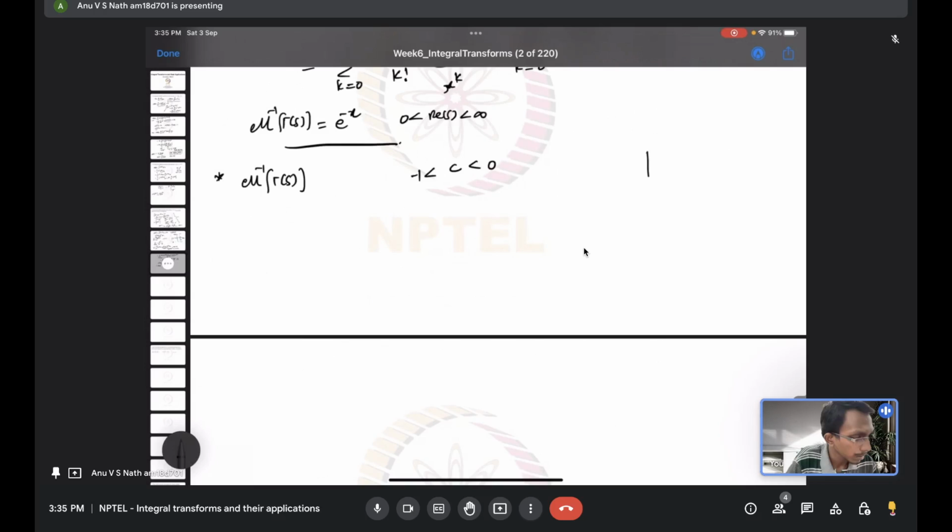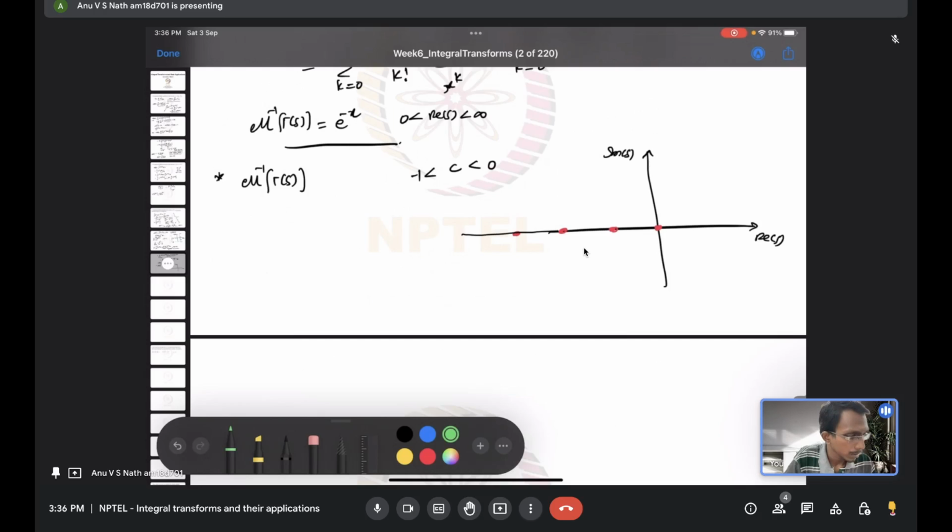So again here we have real of s, imaginary of s, and the singularities are 0, minus 1, minus 2, minus 3, everything is there. And I am drawing the contour here.